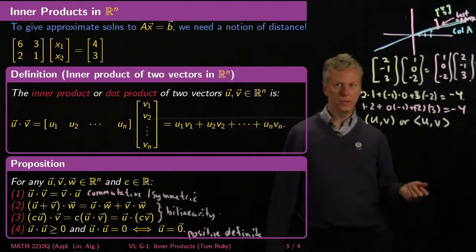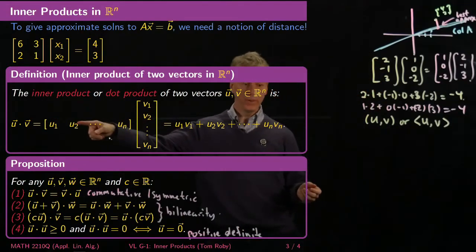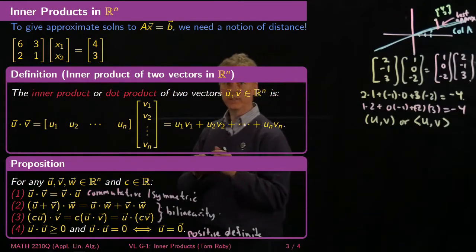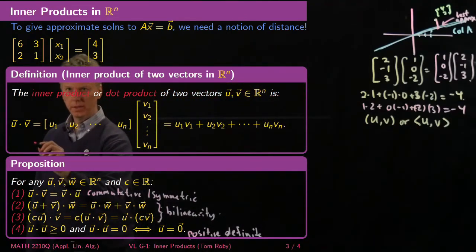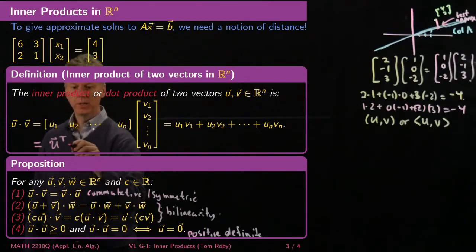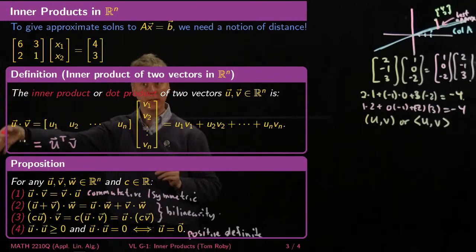And finally, for 2 and 3, you can do the proof by just noticing, right? One way of thinking about this formula here is that u dot v is really equal to the vector u transpose times the vector v. Okay, just matrix multiplication, right? Because u starts off as being a column vector.